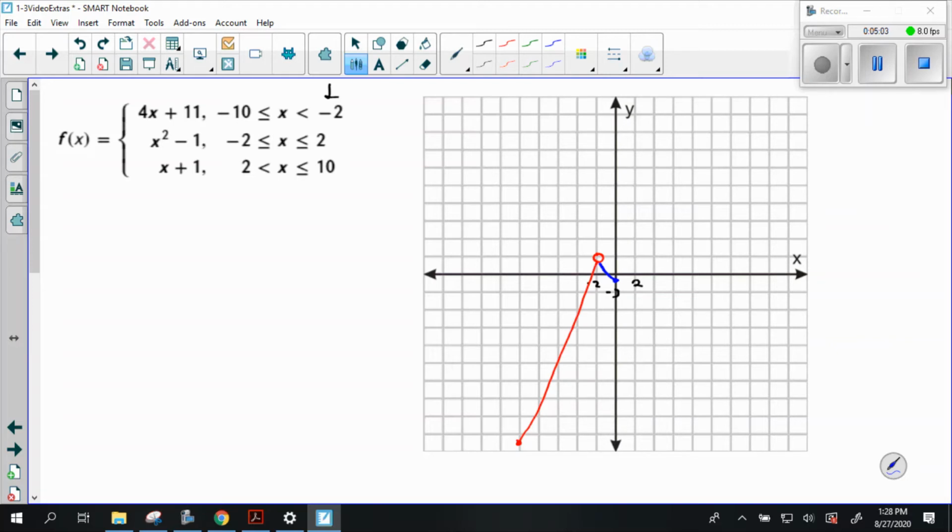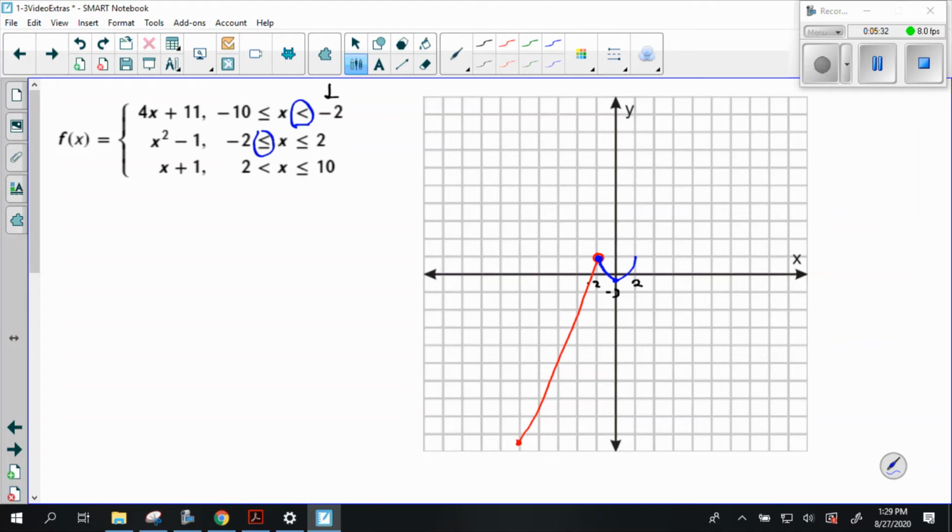And then when x is positive 2, y is going to be positive 3. And now the circle that was open, because we have to include the negative 2, even though it wasn't included here, in this case it's included in that second graph there.